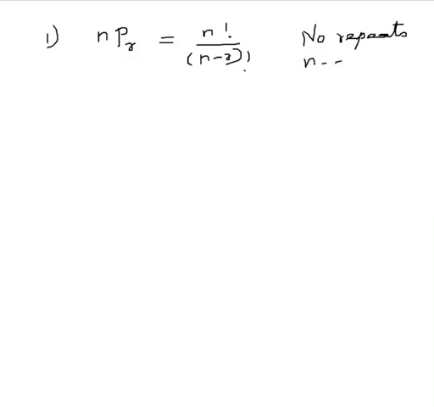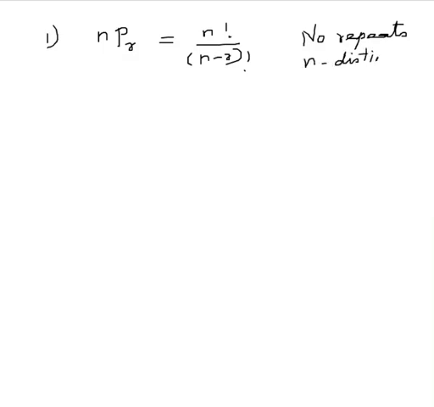Now, let us sum up all the 3 formulae which we learnt. The first one: if you have n different objects, out of which you have to select r and permute them, the formula is n factorial by (n minus r) factorial. Here there is no repetition, and you have n distinct objects.